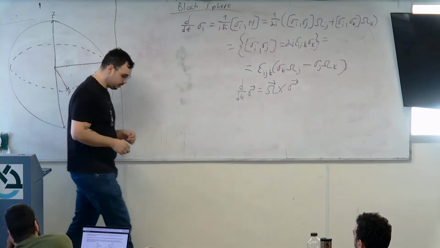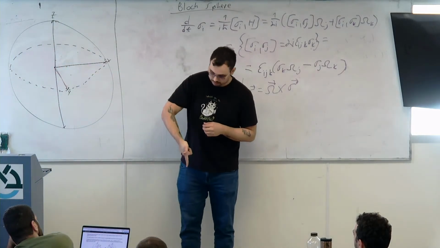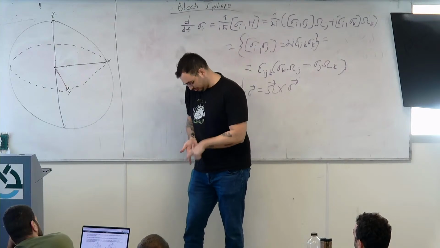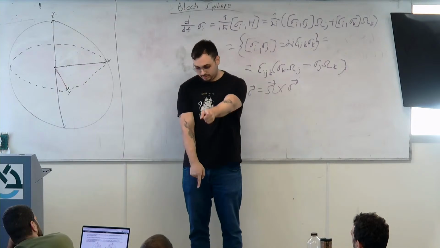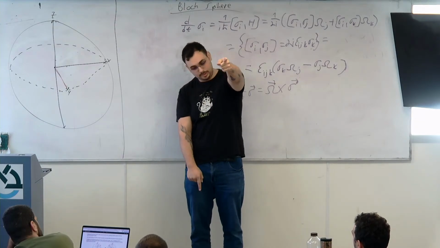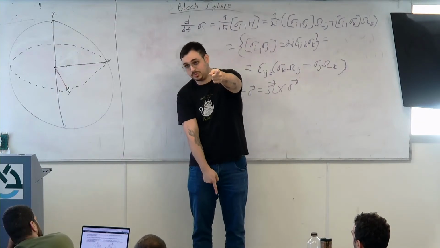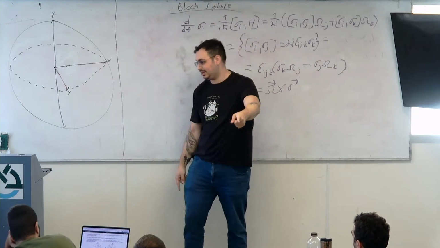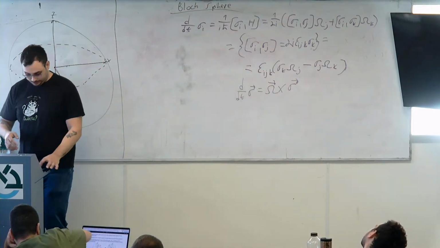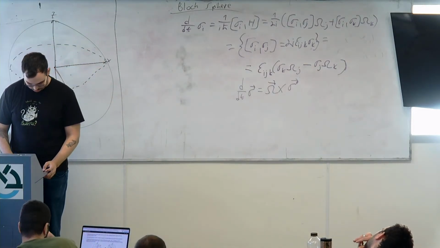So what will happen? Well, vector down times vector forward goes to the right. So if this is the laser arm and this is the atom ensemble arm, we just do something like this.